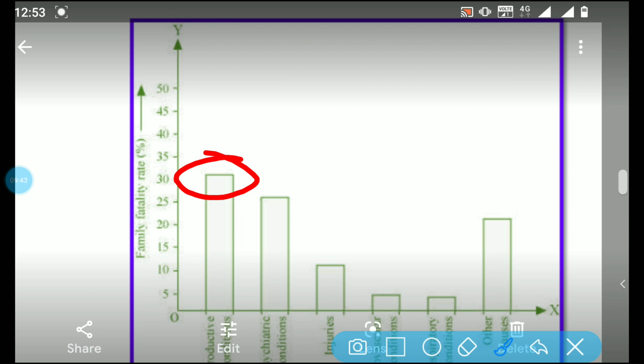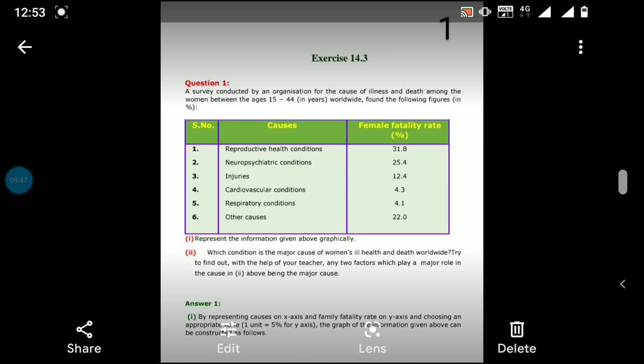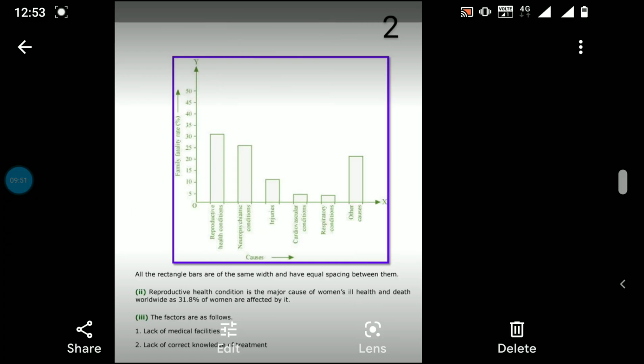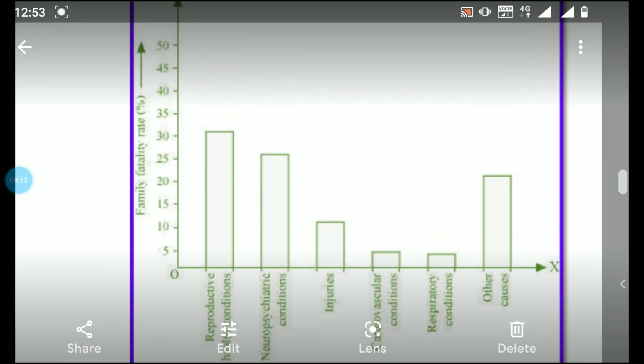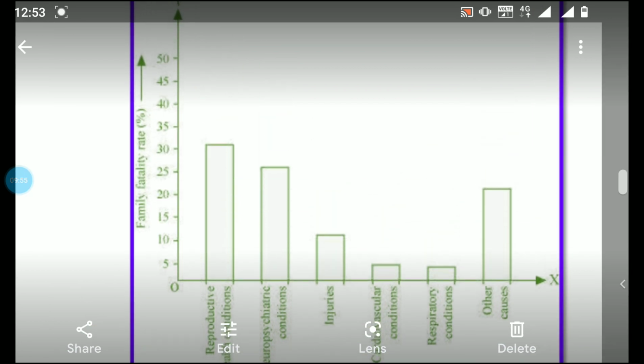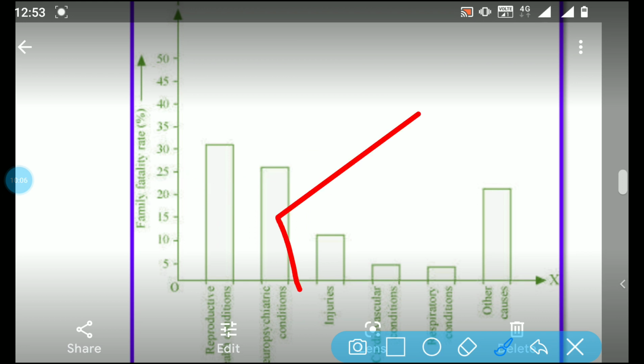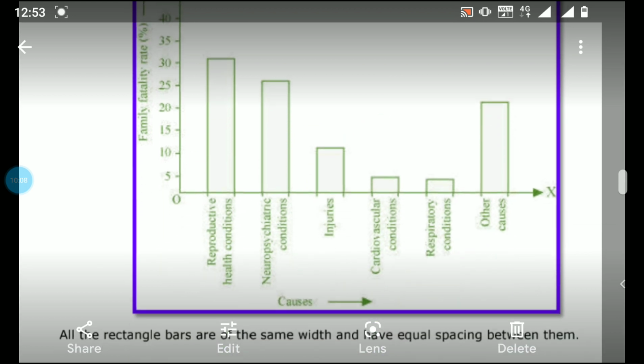Okay, and same as the second one. What condition is given in the second one? It is given 25.4. So we have to draw 25.4. After 25 it will be, see, here 25.4, near about 25 it will be. Okay, so this is the way, and I have drawn these rectangles separately.